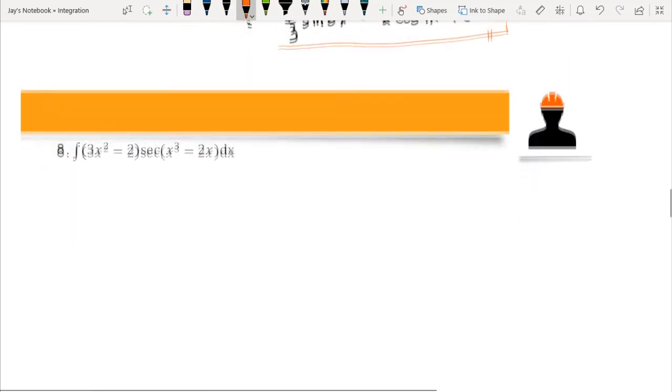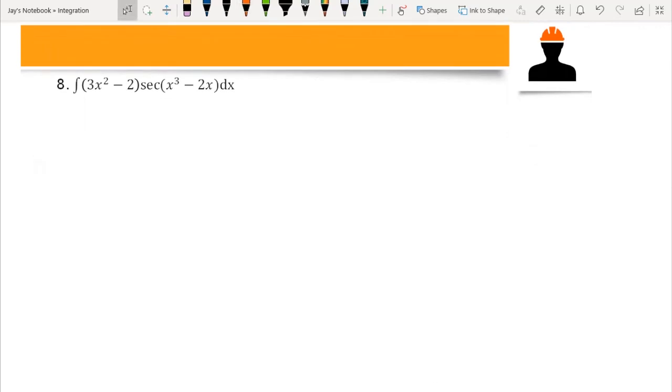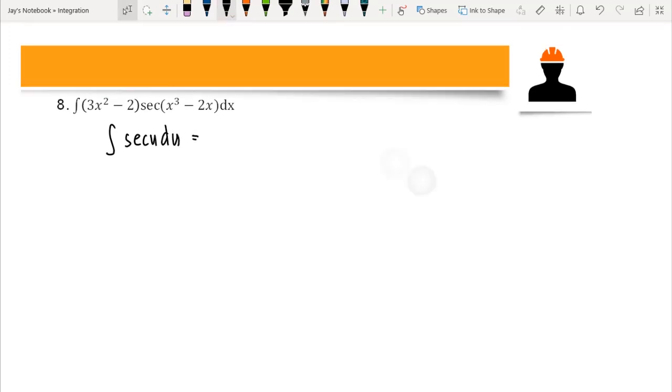Okay, so we have example number 8. We have the integration of 3x squared minus 2 times the secant of x cubed minus 2x. Since we have a secant in the integrand, we apply the rule: the integration of secant u du equals the natural logarithm of secant u plus tangent u plus c.